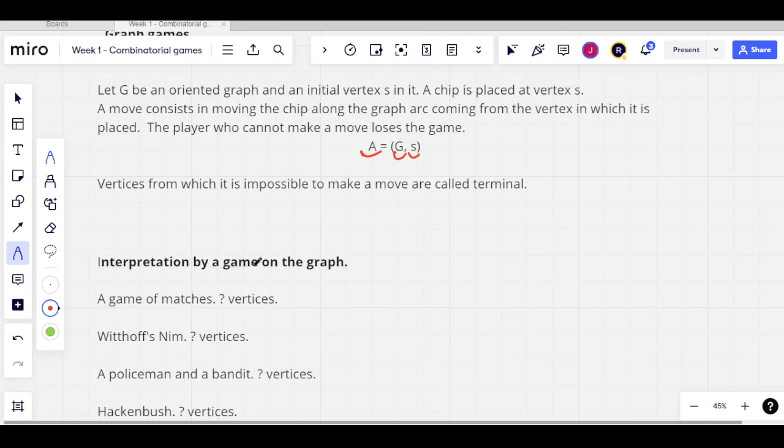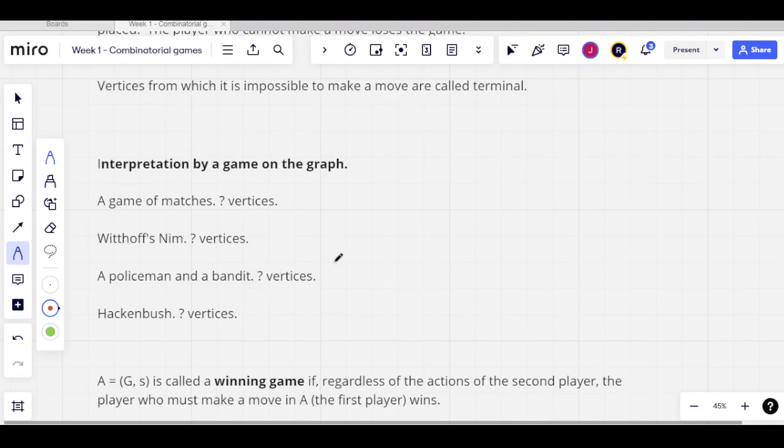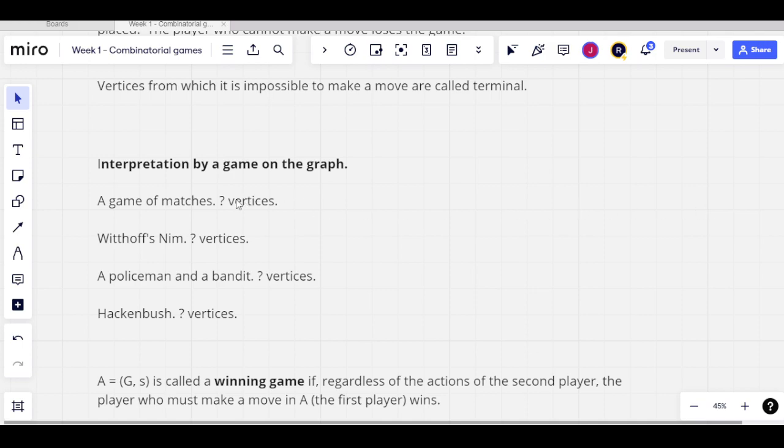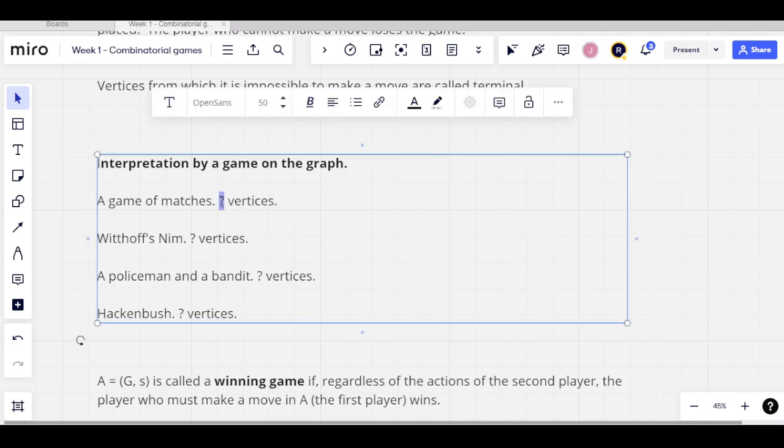Okay, let's interpret our game as a graph. How many states were there in the game of matches? How many vertices do we have, if we consider the game of matches graph?